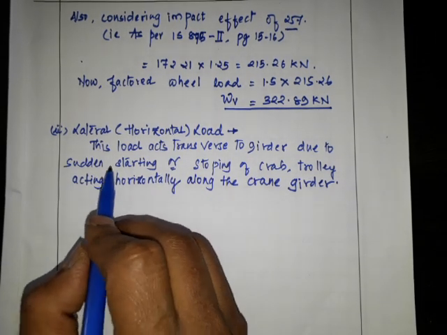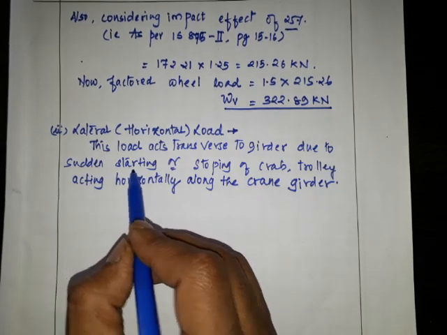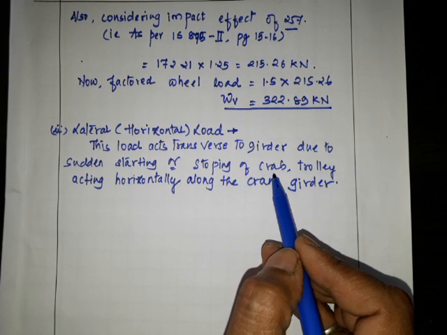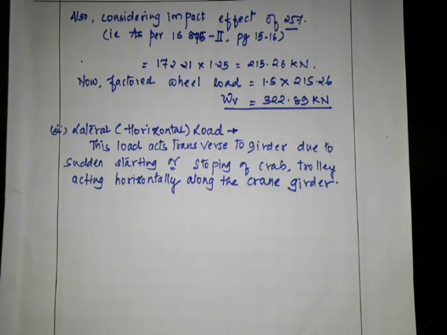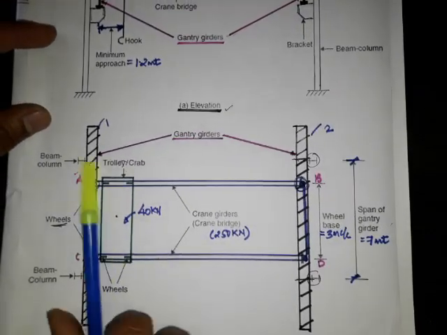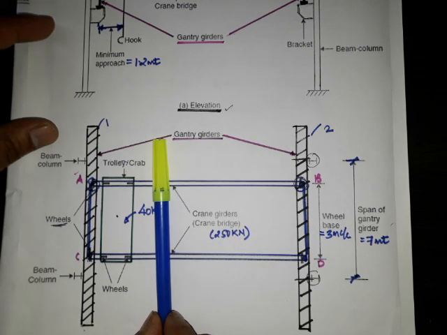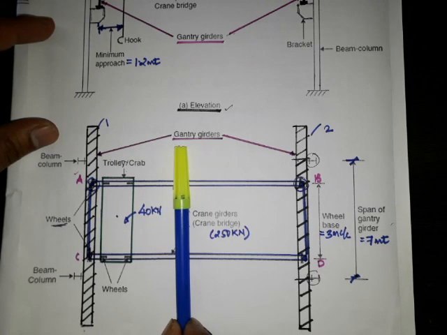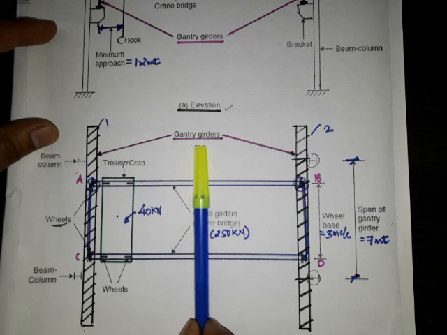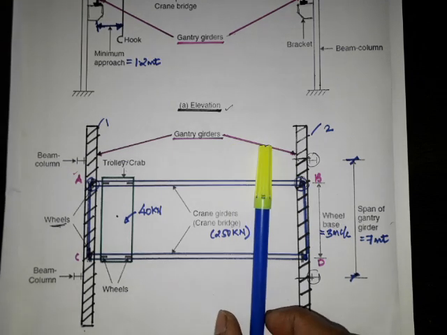Because of this sudden starting or stopping of the trolley or crab, it will try to push or pull the gantry girder.